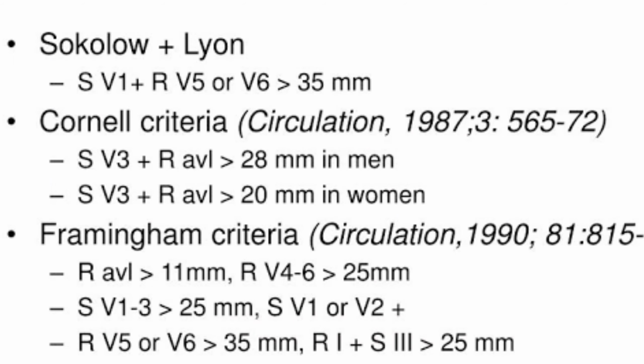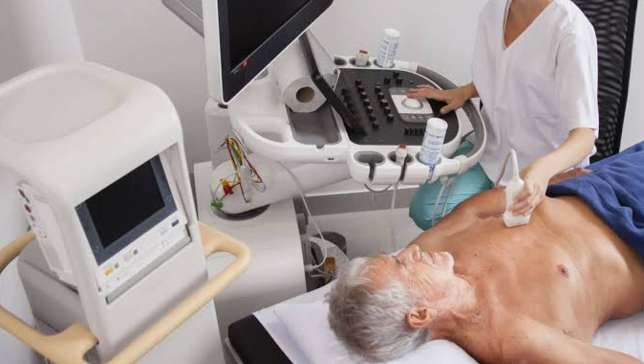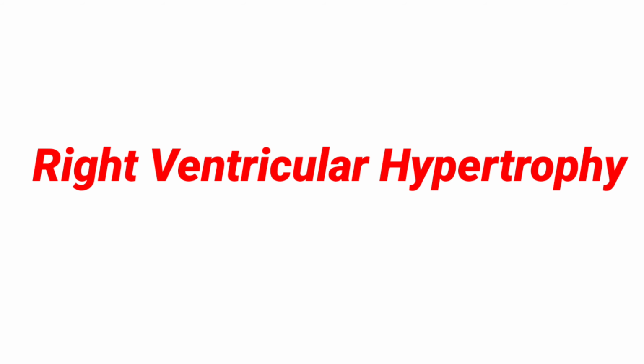So both these ECGs are showing left ventricular hypertrophy. In order to confirm the diagnosis, you will definitely go for echocardiography, but these are the ECGs showing left ventricular hypertrophy.